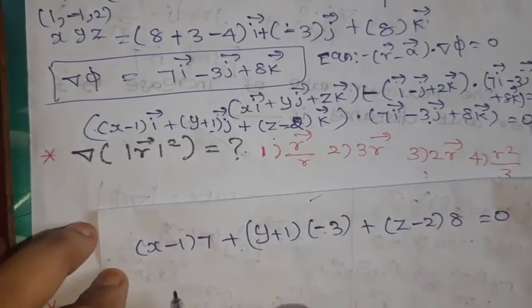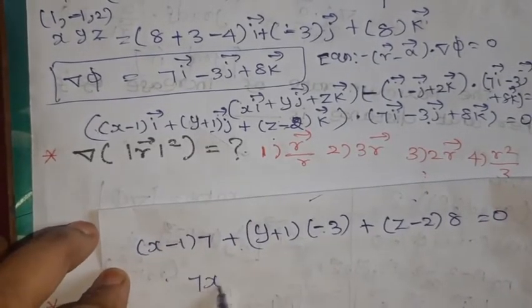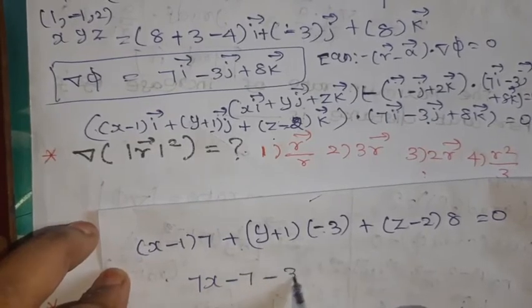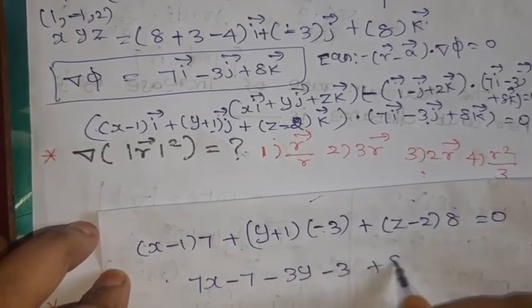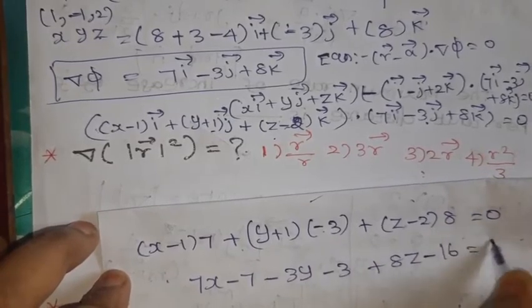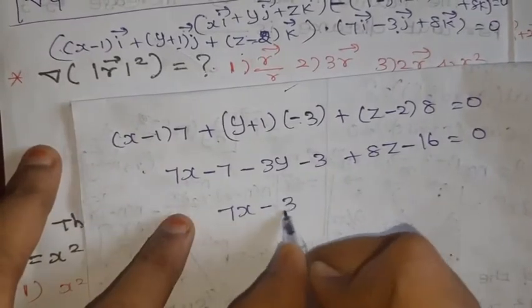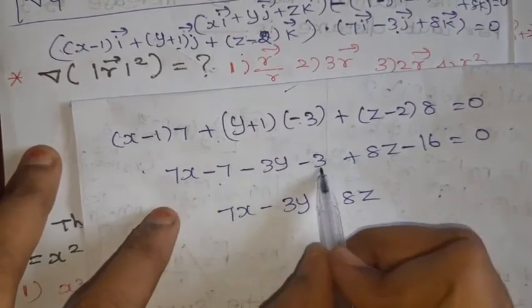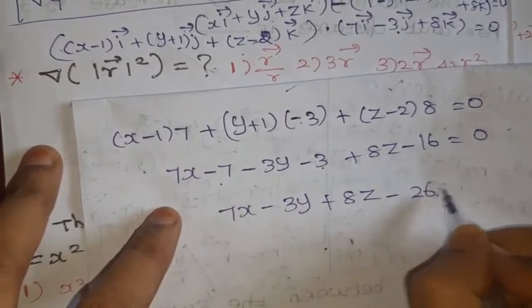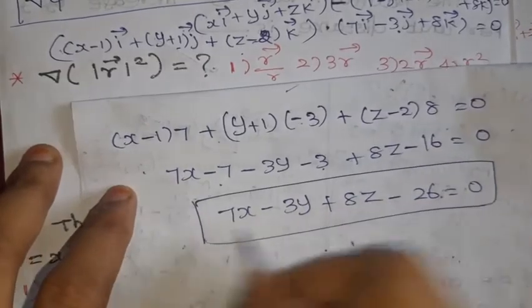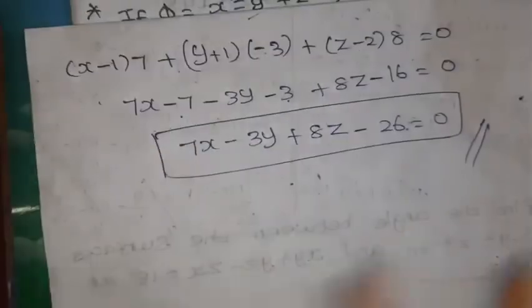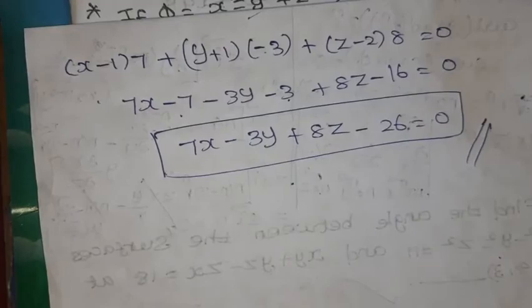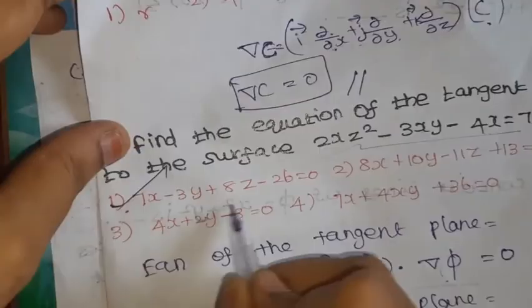So multiplying inside: 7x minus 7 minus 3y minus 3 plus 8z minus 16. So 7x minus 3y plus 8z, constants minus 10 minus 16, minus 26, equal to 0. So this is the equation of the tangent plane. So I will see in the options: 7x minus 3y plus 8z minus 26, this one, okay.